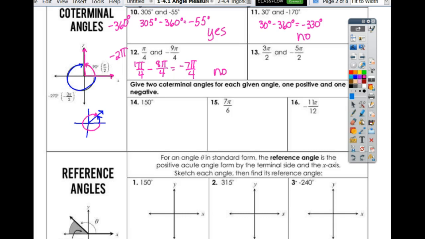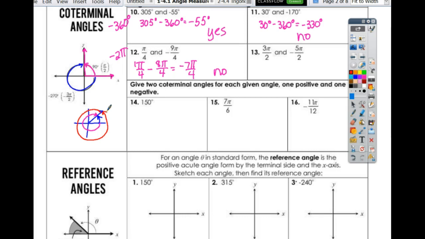So up here, I subtracted to get this way, right? So if I went here and I added 360, would that be the same? Watch. Let me get a different color. Look, if I went this way, if I start here and I add 360 degrees, is that the same? Yes or no? Did it end up in the same place?